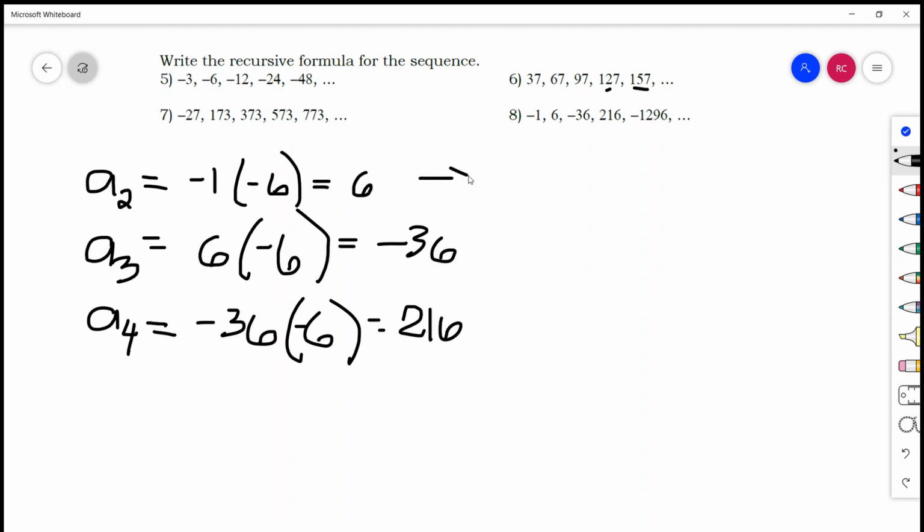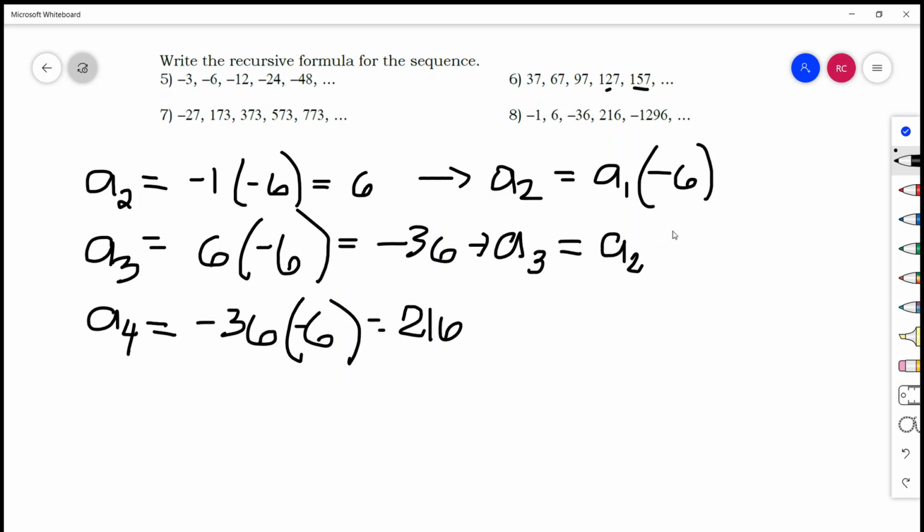So we can say that the second term is the first term times negative 6. And for the third term, this is just the second term times the negative 6.